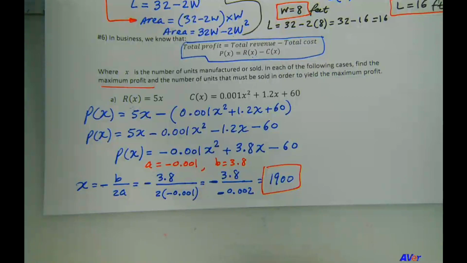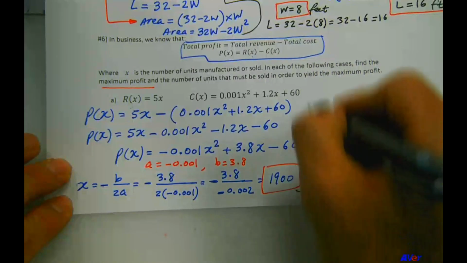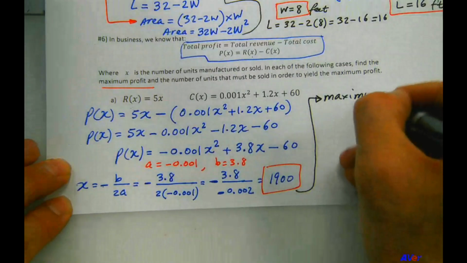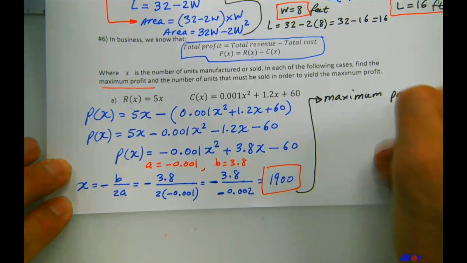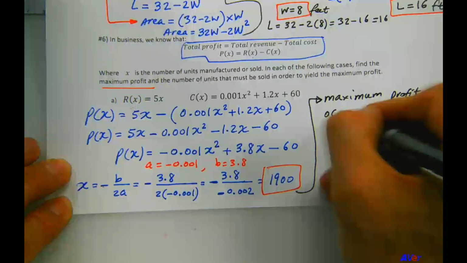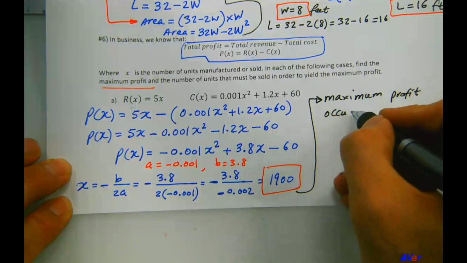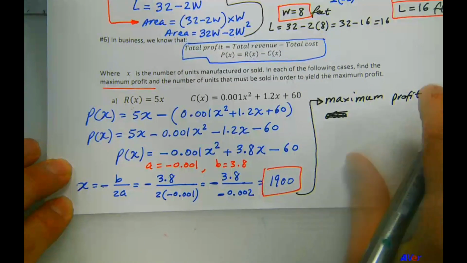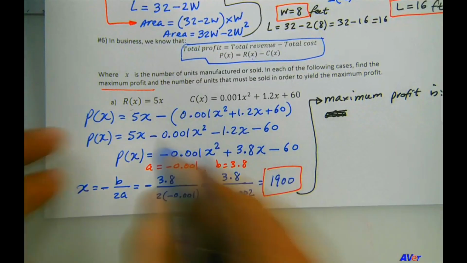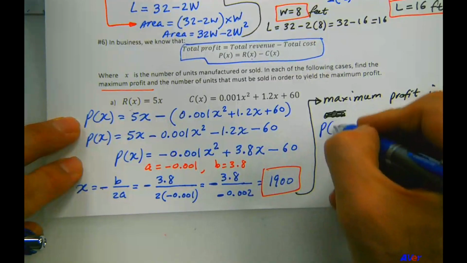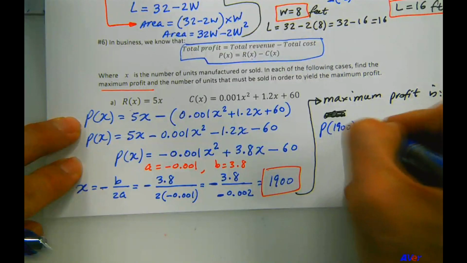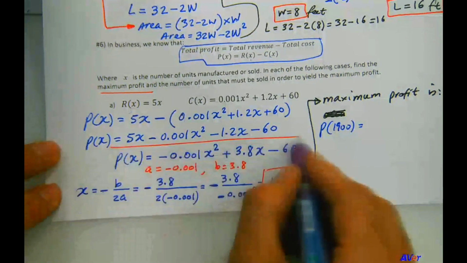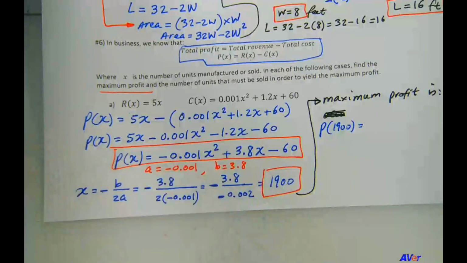Okay, so let's calculate that. The maximum profit is, let's plug this in. So profit at 1900 is equal to, so this is our profit function, right? That's the one we're maximizing.